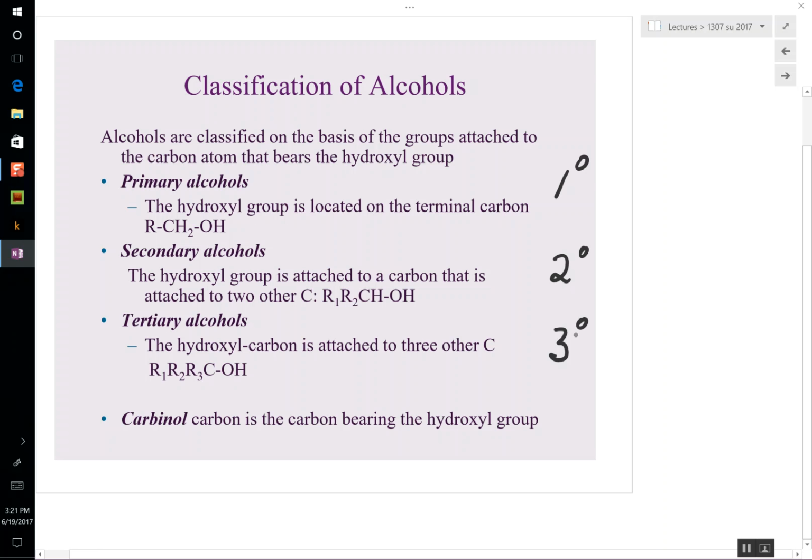You've already seen one tertiary alcohol, T-butyl alcohol. A carbinol carbon is a carbon with an OH group on it.